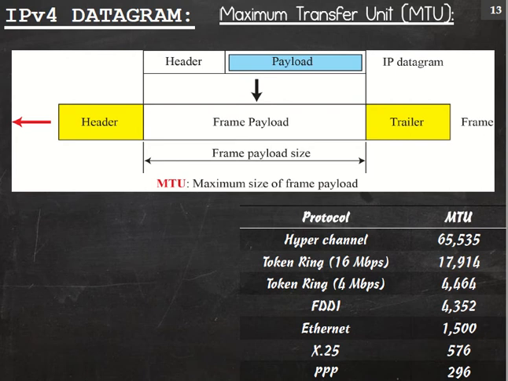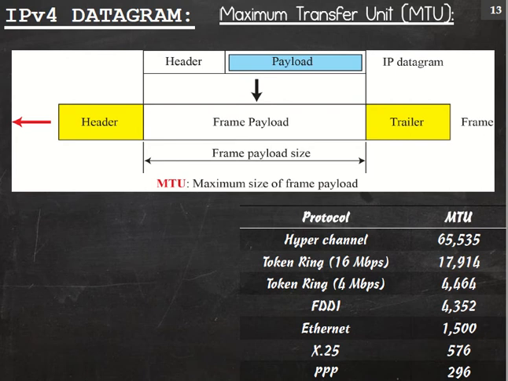That is, whenever you divide a datagram into a number of packets, they will have their own header, but only a few fields will be changed, and most of the data will be the same as the original datagram.